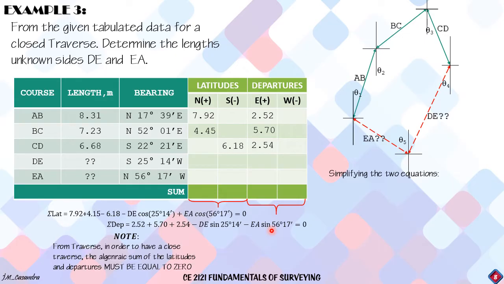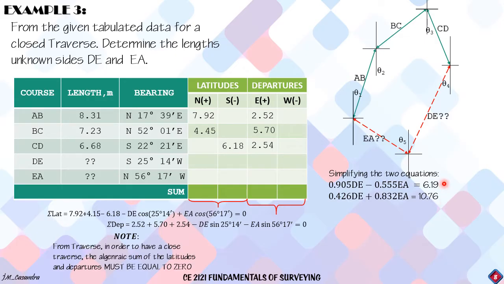Let's simplify first. For the first equation, sum of latitudes is 0.905 DE minus 0.55 EA equal to 6.19. For the departures, we'll have 0.426 DE plus 0.832 EA equal to 10.76.